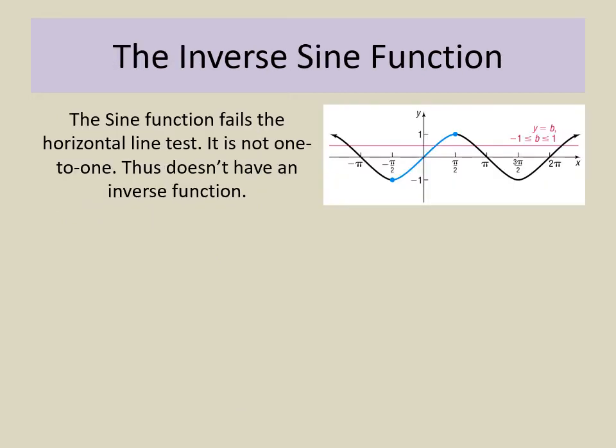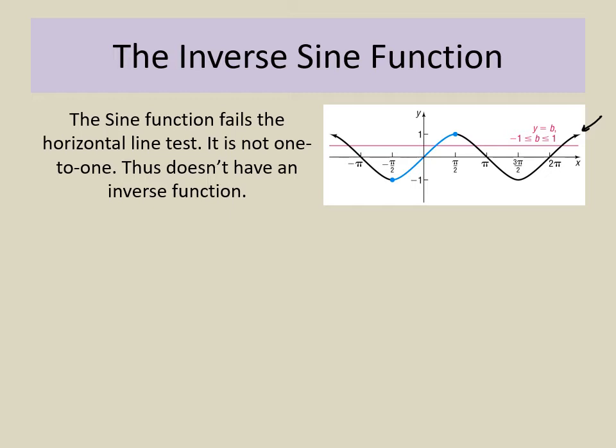So now let's take a look at the sine function. And here's a graph of the sine function. The first thing we should notice is, is it a one-to-one function? And the answer is no. It fails the horizontal line test.